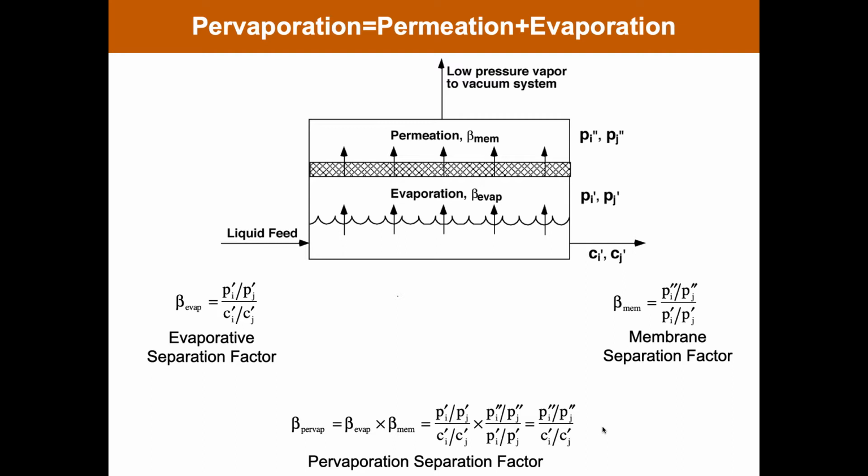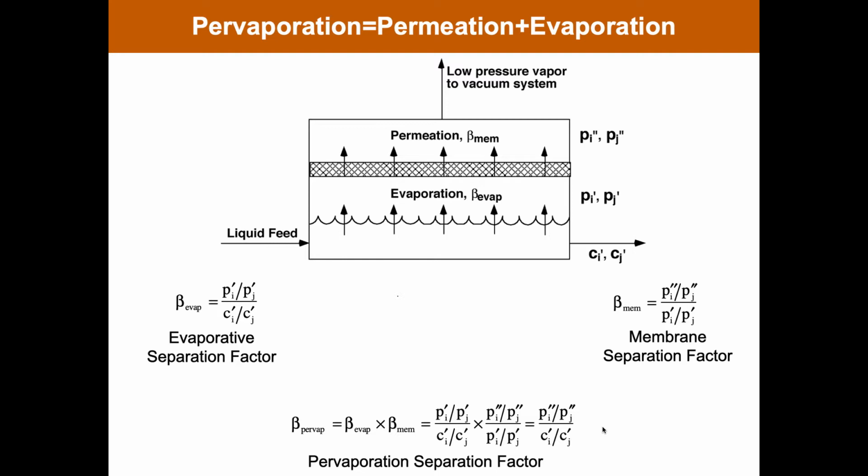It's the evaporative separation factor. One can also define for the membrane step a selectivity due to the membrane, and write that in terms of the partial pressure of each component in the permeate, the ratio of those partial pressures in the permeate to the same values in the feed.